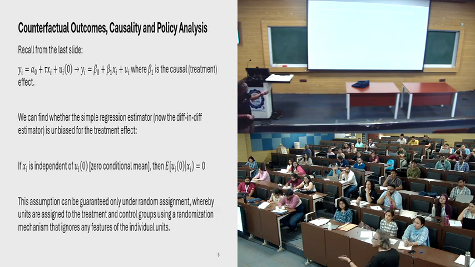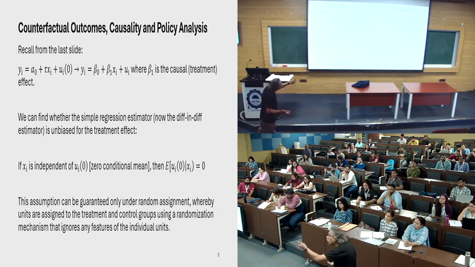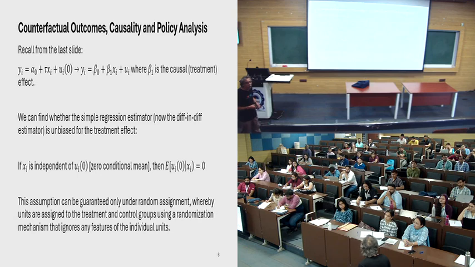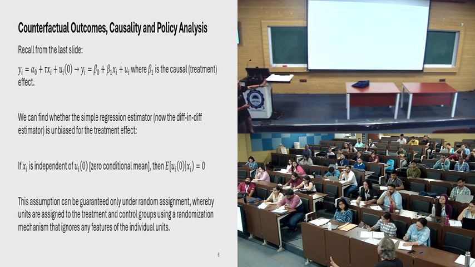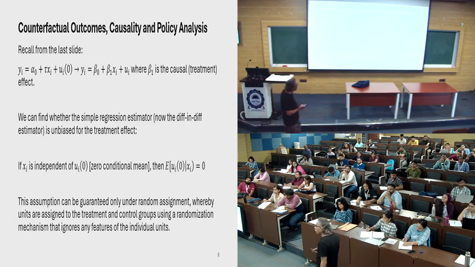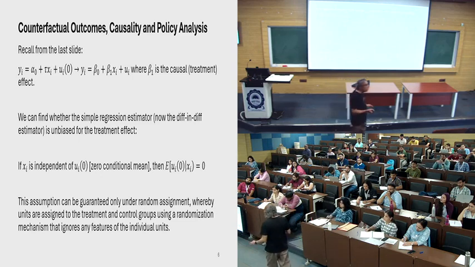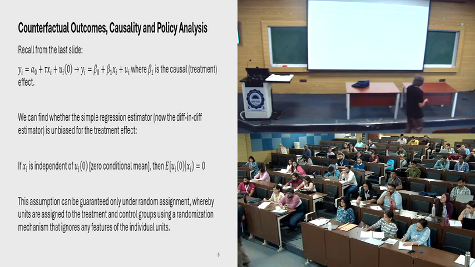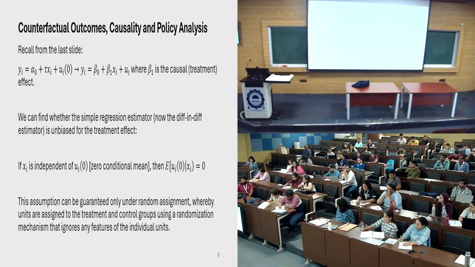And the random assignment would ensure that the zero conditional mean assumption is valid. So this assumption can be guaranteed only under random assignment. Clear? Where units are assigned to the treatment and control group is basically using a randomization mechanism. And by randomization mechanism, I don't know the features of Kiran, or for that matter, I don't know the features of Meghna.